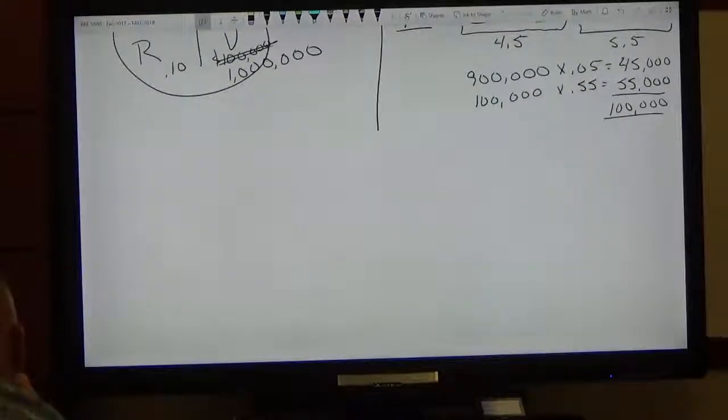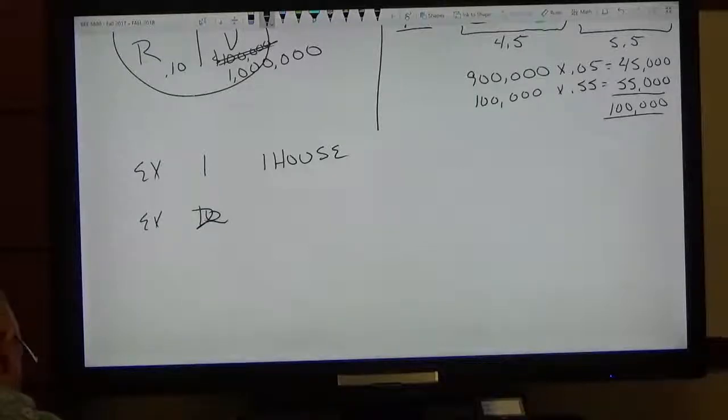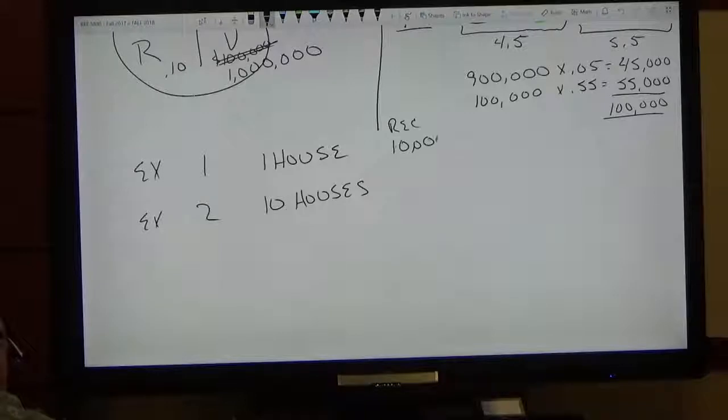Okay. So example 1 is 1 house. Example 2 is 10 houses. With example 1, you receive $10,000. With example 2, you're really receiving $55,000.